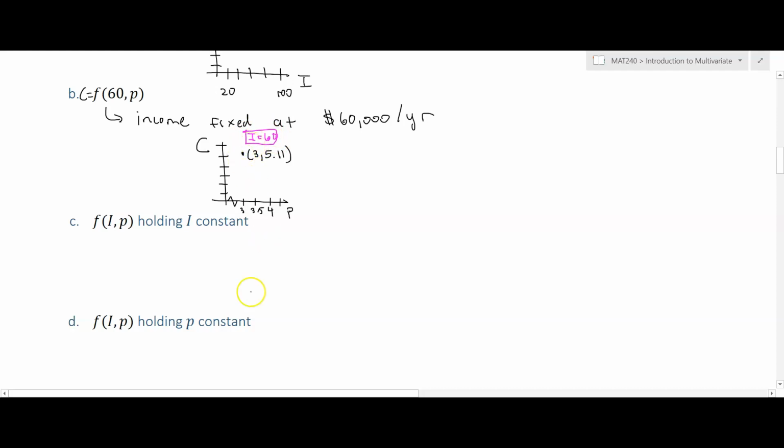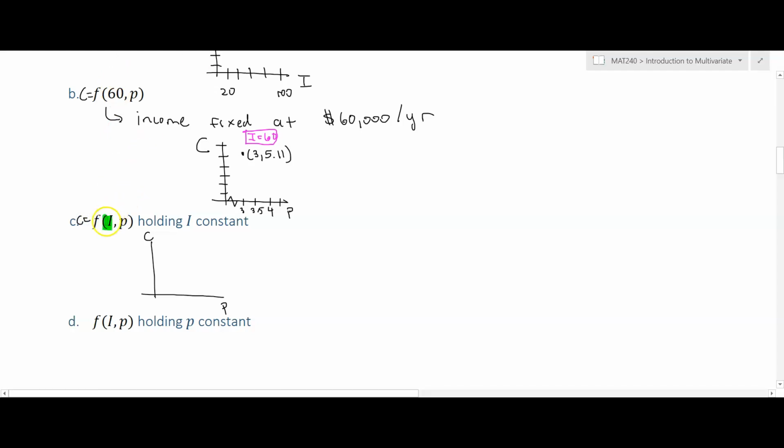So these two notations here, now notice that I am claiming that I'm going to be holding I constant, but I haven't specified what value of I I'm going to be looking at. In terms of our table, what we should be thinking about here is we're going to be looking at the relationship between price and consumption, because again, I'm holding I constant.